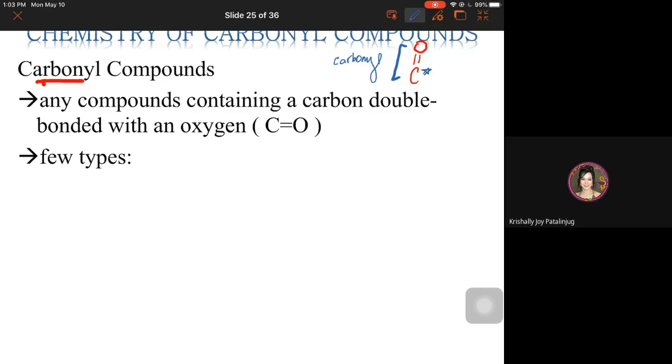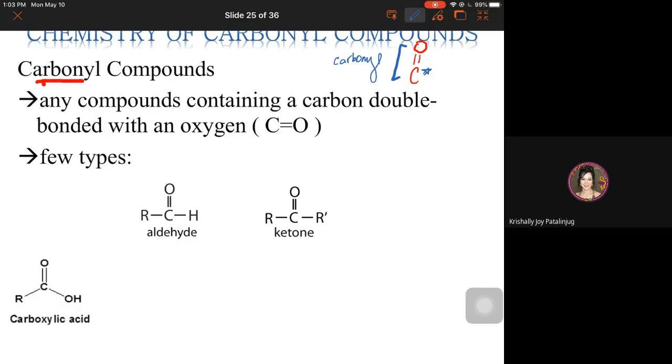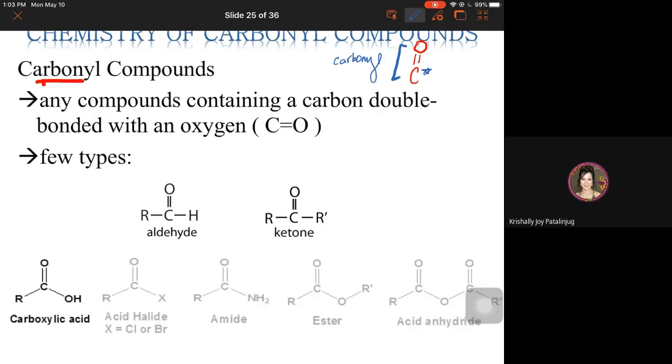So we have aldehydes, ketones, carboxylic acids. You already know the functional groups for each compound. And the derivatives of carboxylic acid, which include the acid halide, the amide, ester, and acid anhydride.